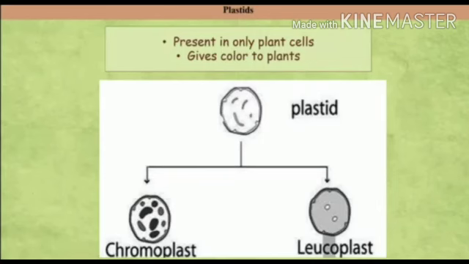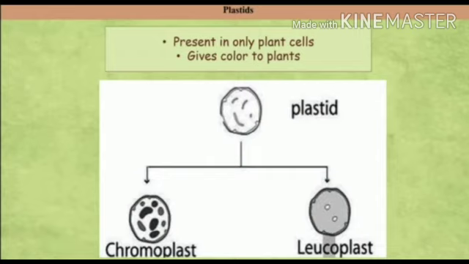Next is plastid. Why are plant leaves green and flowers red, yellow, orange or blue? The organelle which gives such color is present only in the plant cell. It is called plastid.